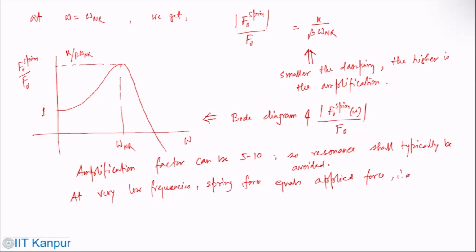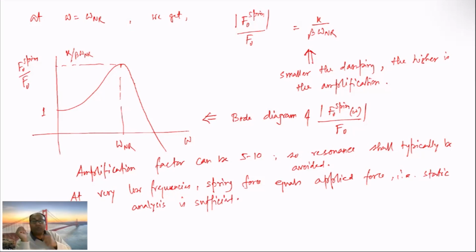That is, our static analysis is sufficient. So you can correlate how this resonance and amplifications are connected, and that can be avoided, and where your static analysis is sufficient to estimate this.